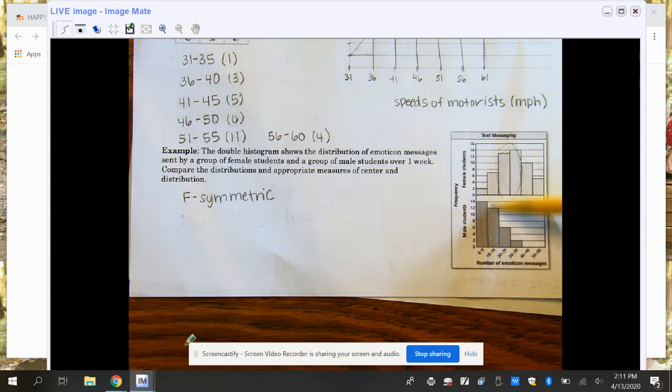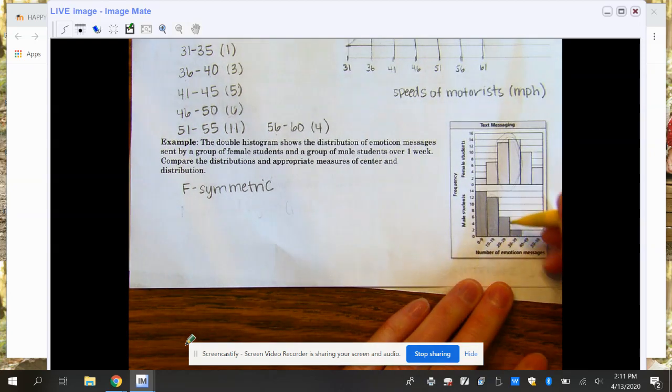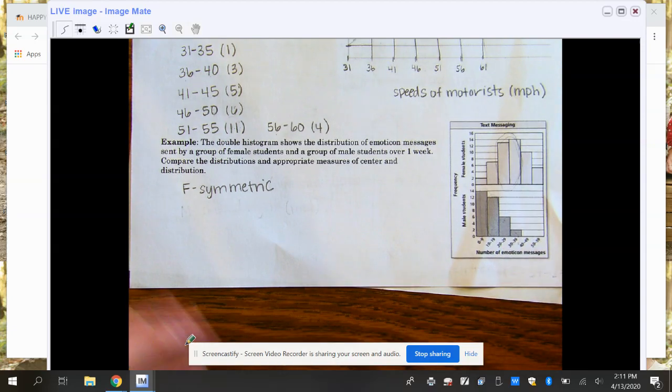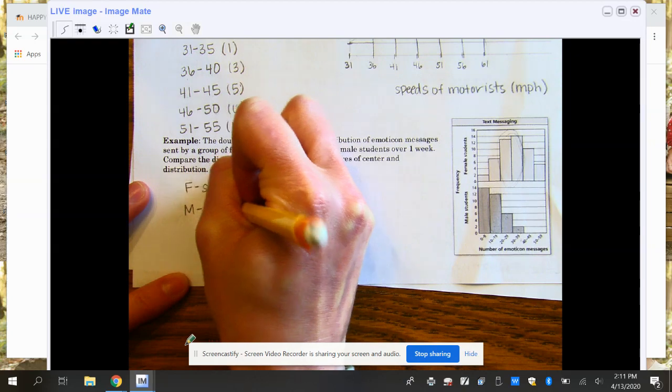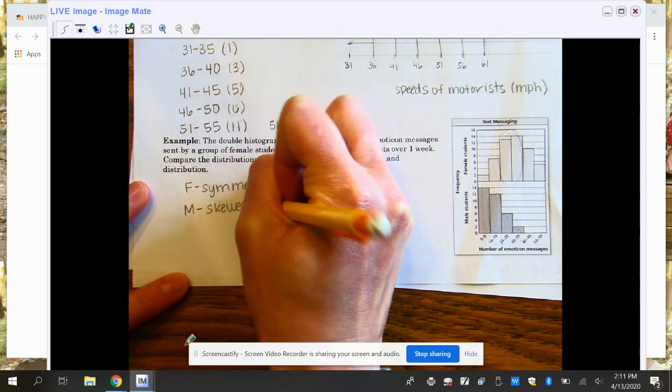And so this is going to be skewed to the right, right? We've got these 2 to 8 male students that are sending more than this bigger group over here. So my right whisker would be longer. So that would be skewed to the right.